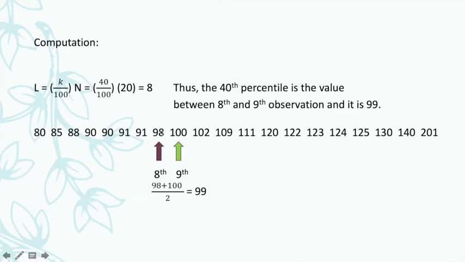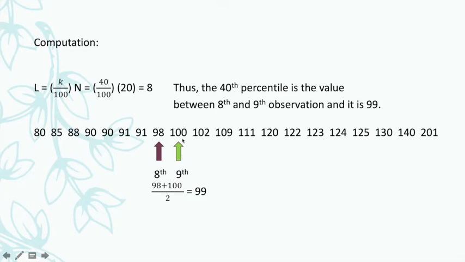Since L is a whole number, the K term is between L and the next number. What is the number between the 8th term, which is 98, and the 9th term, which is 100?